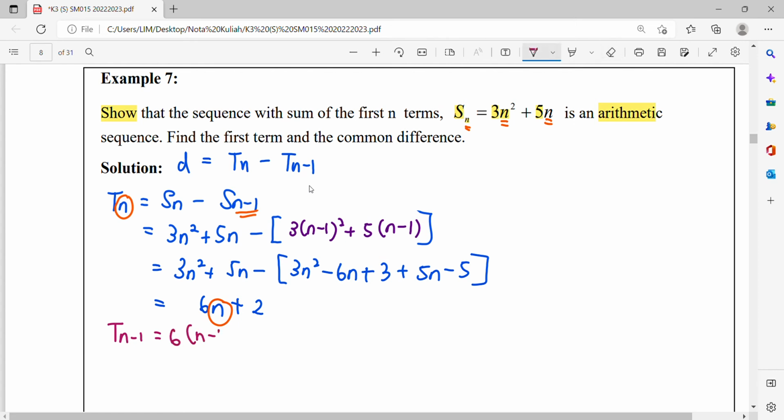So it is 6(n minus 1) plus 2. We simplify the term before it and we get 6n minus 4.